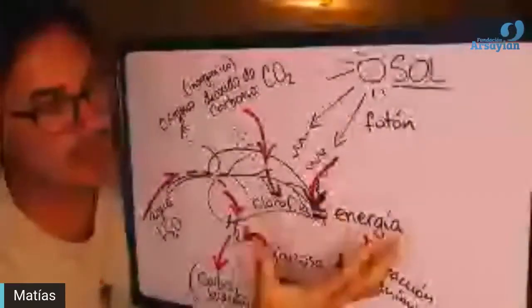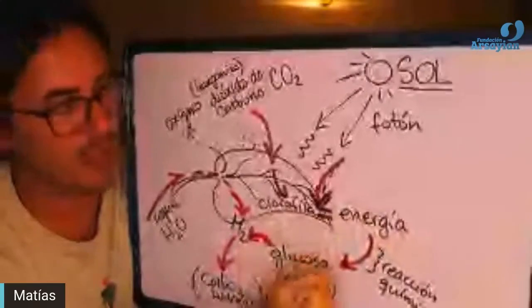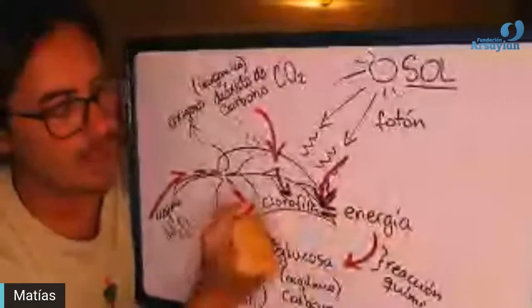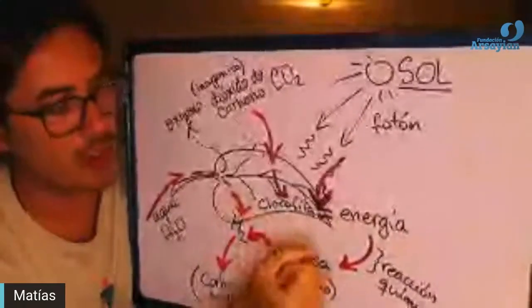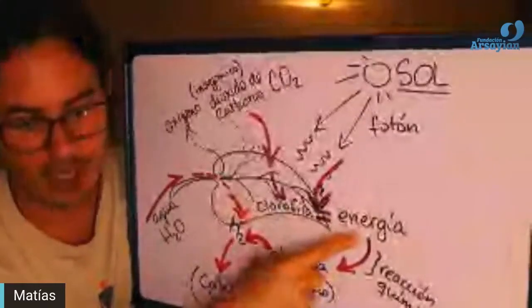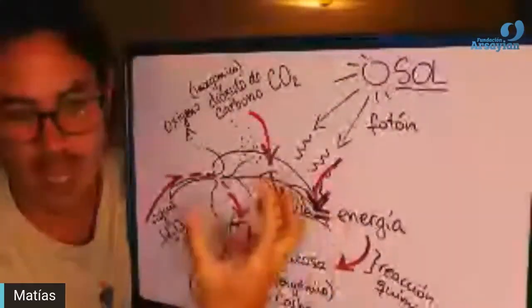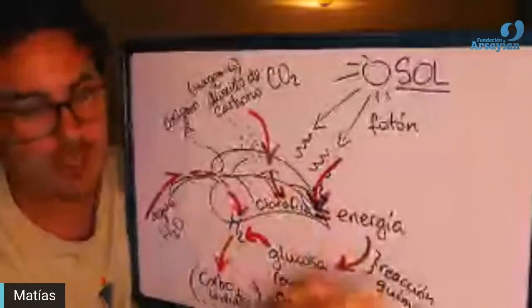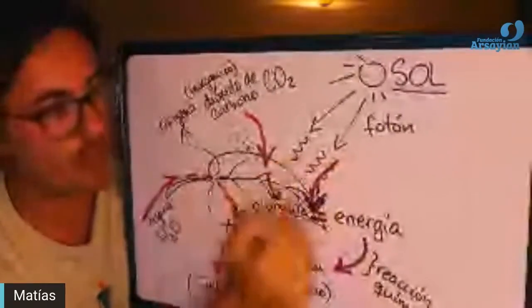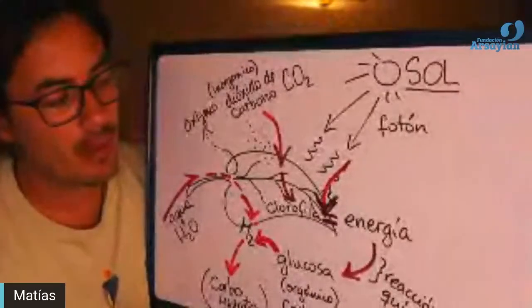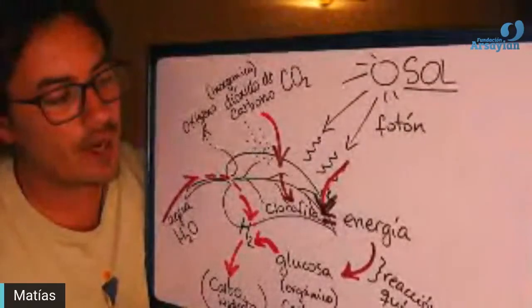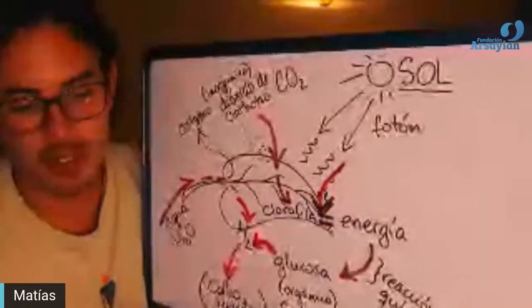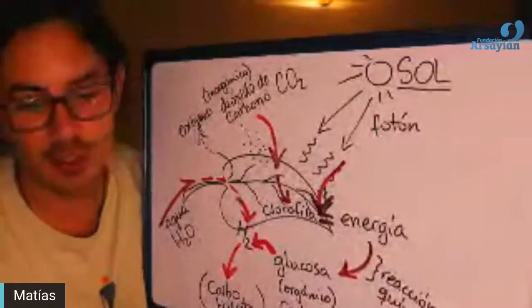Chlorophyll is the one that gets the photons, because the absorption of photons is the one that will give energy to the plant. The plant needs energy, so we will grab it from the photons. And why does the plant need energy? Because the plant creates its own food.